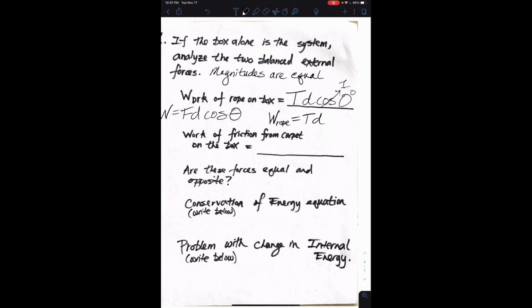And down here, what is the work of friction from the carpet? We can say, well, it's the force friction kinetic times D times the cosine of 180, which is negative 1. So we can say the work done by friction is equal to negative force friction kinetic times D. I don't know if that negative sign's easy to see.